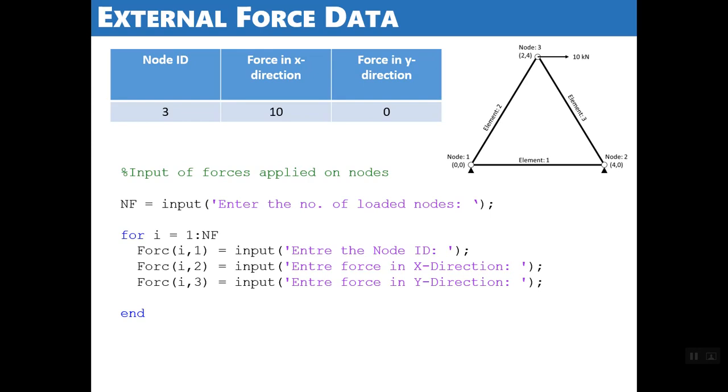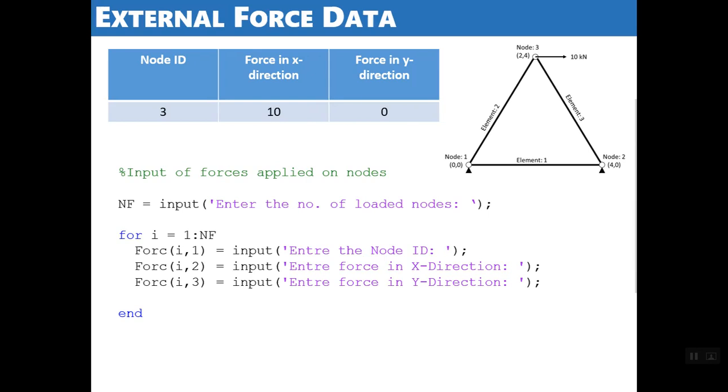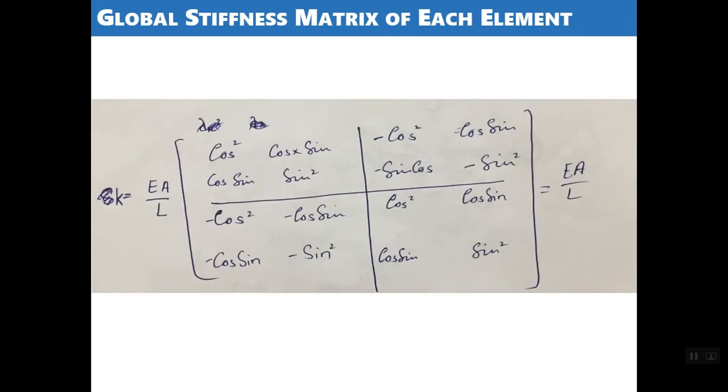After completing the input, we will proceed towards creating the stiffness matrix. So I have chosen the stiffness matrix here. So we all know this, you should know this matrix already: cos square, cos into sine, and sine square.